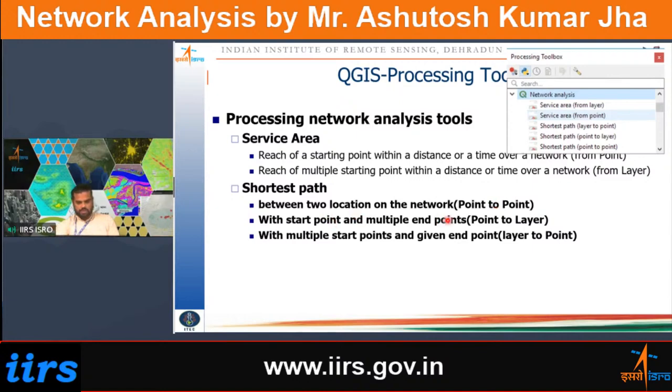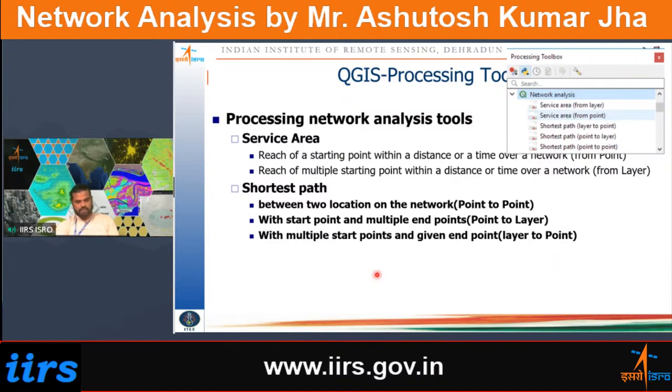In the shortest path, you can find out the shortest path between two points using the networks. That's basically two locations on the same network, or you can have a starting point and you want to reach multiple points, which can be found using the point to layer option of network analysis.